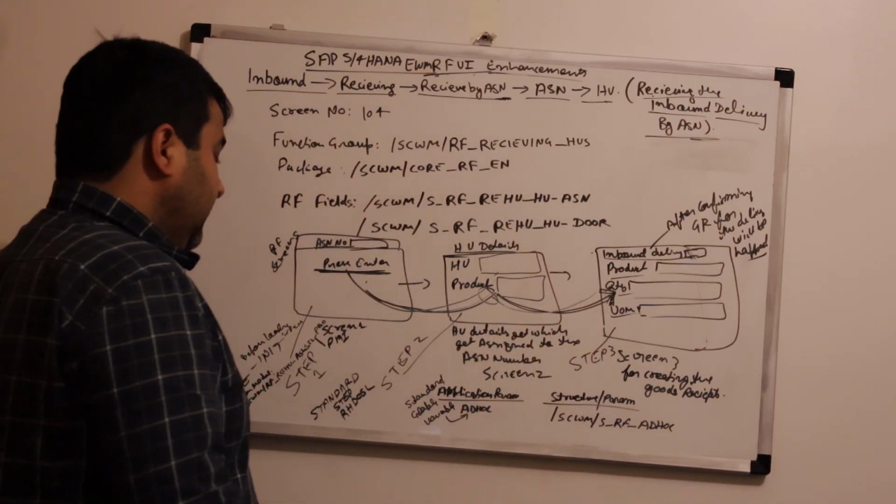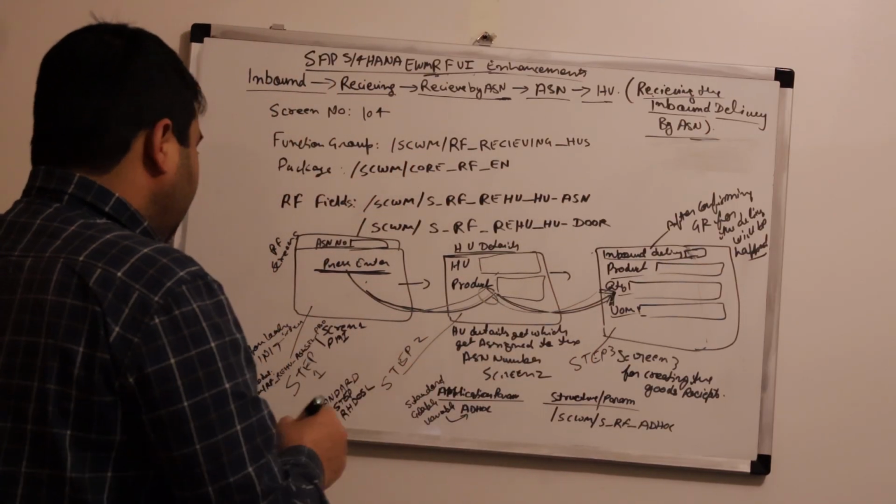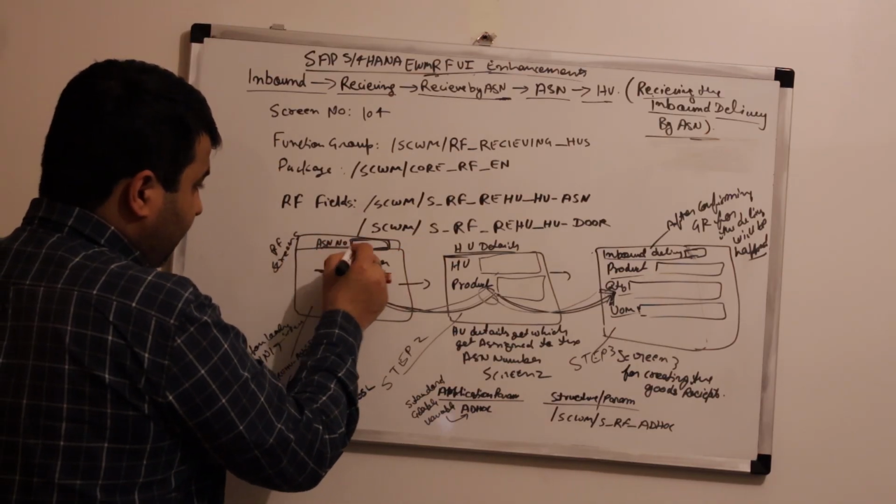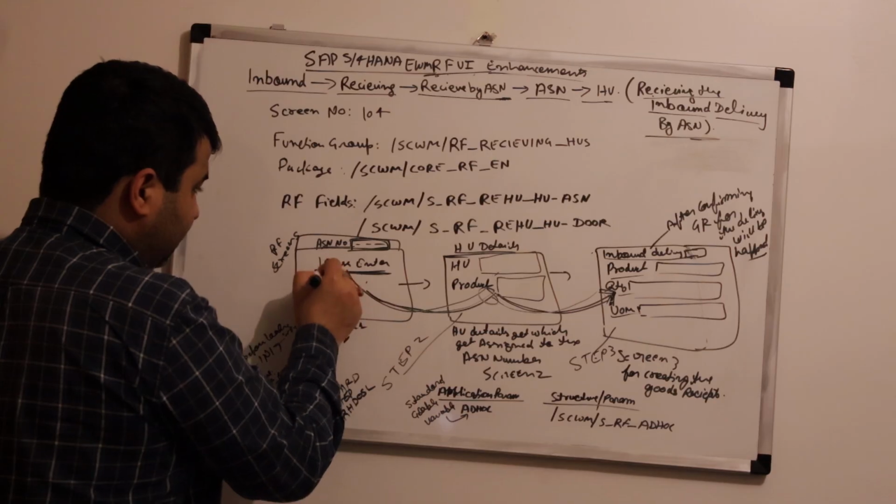Now suppose at runtime the warehouse worker enters the ASN number and presses the enter button.